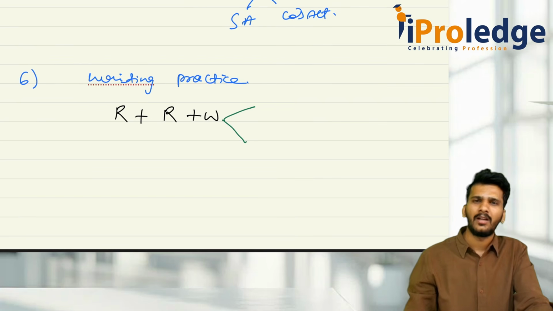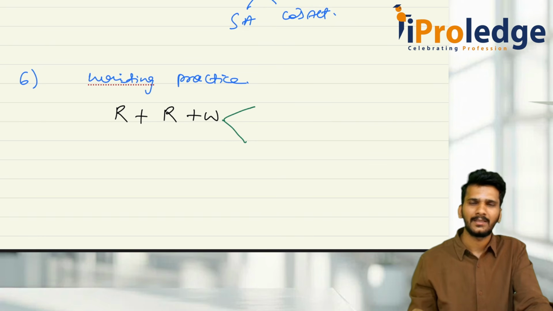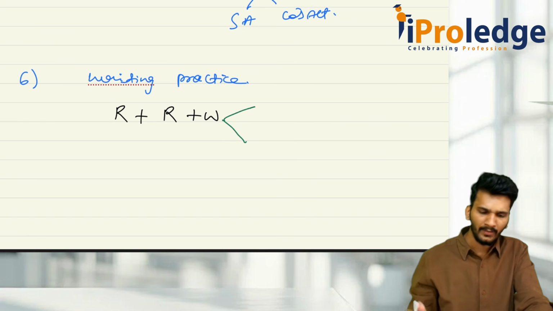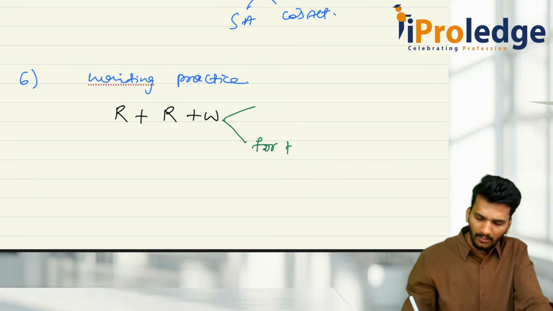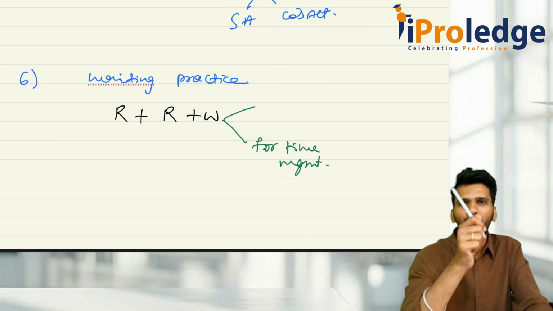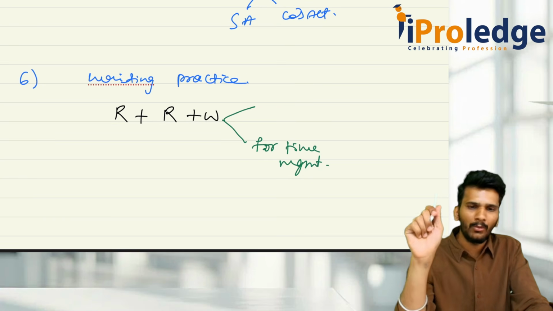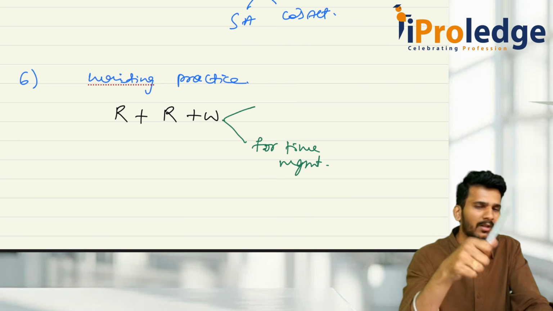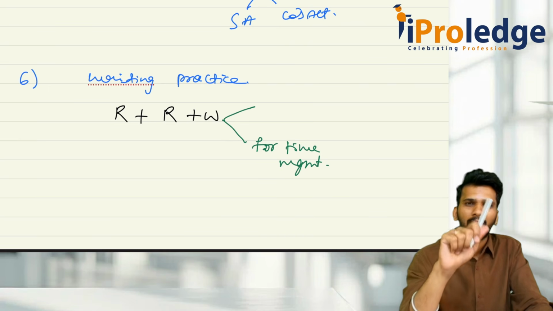First thing is that it makes your writing speed a bit faster. Then the very important thing is time management. That is very important for you in the examination, because we have only 180 minutes. Out of that, you have to use time for the MCQs part.